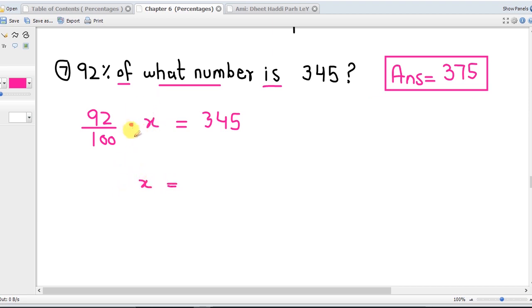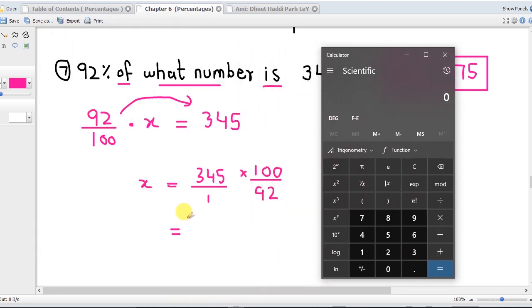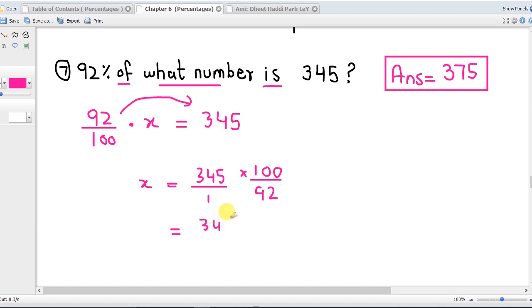Now we simply need to find out the value of x. Keep this x here. Now this 100 is dividing on one side. Once I'm going to move it towards the other side, it will get multiplied. Remember that rule. And this 92 is at the top or multiplying. Once you shift it towards the other side, it will get divided or moves to the bottom. Right, now we simply need to multiply these numbers in order to find out the value, so this will give us 345 times 100 is 34,500 divided by 92.